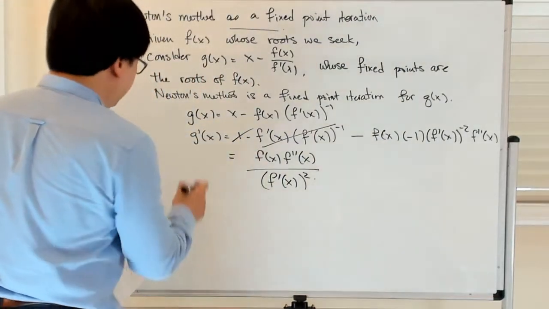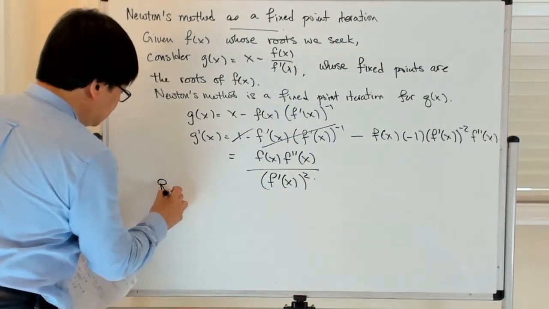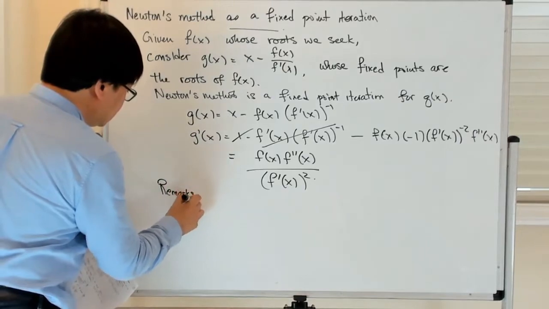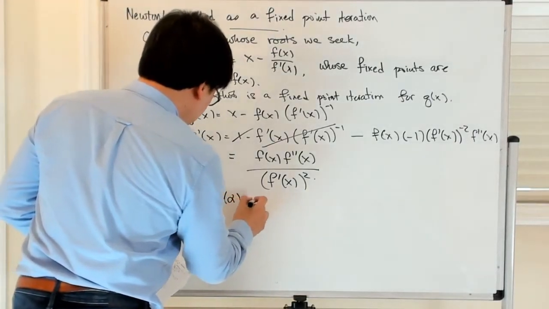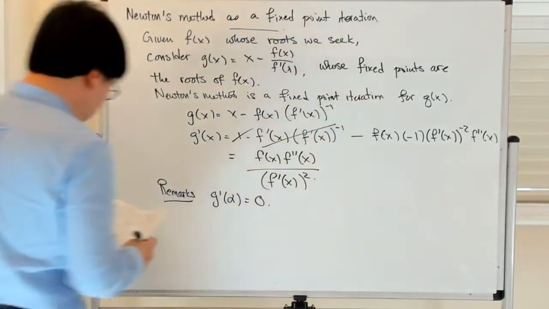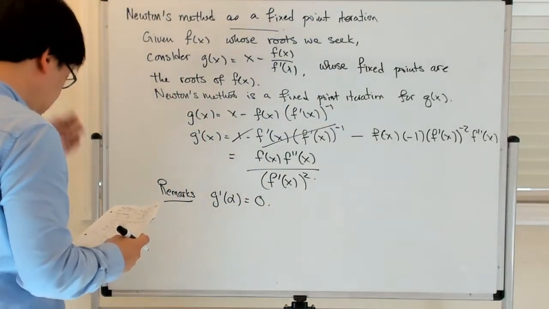Okay, so let me make some observations about this. The first is that g prime at the fixed point alpha is equal to 0.